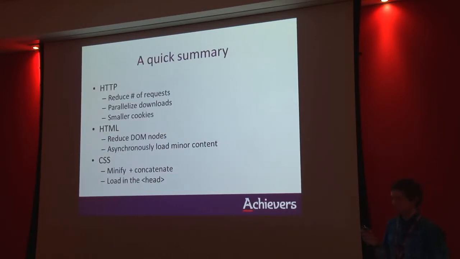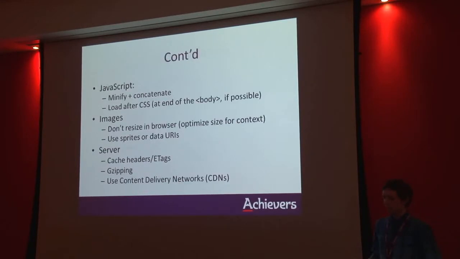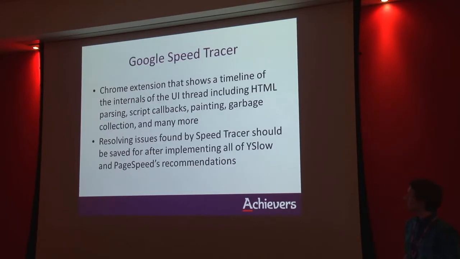I'm going to skip over these two slides pretty quickly, but basically this is summarizing all the things you can do when it comes to browser performance to make things better. And again, implementing any of these suggestions is not trivial in most cases. So instead of really going into depth on how to implement or solve these things, I want to show off another cool profiling tool in the browser, and it's another tool from Google called Speed Tracer.